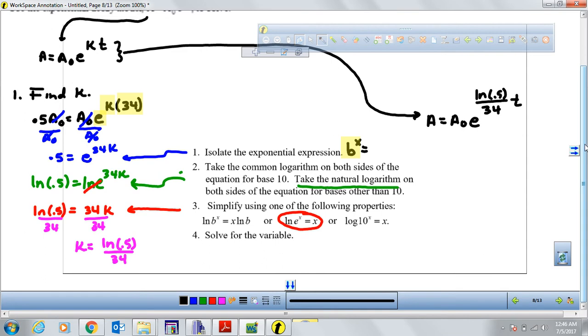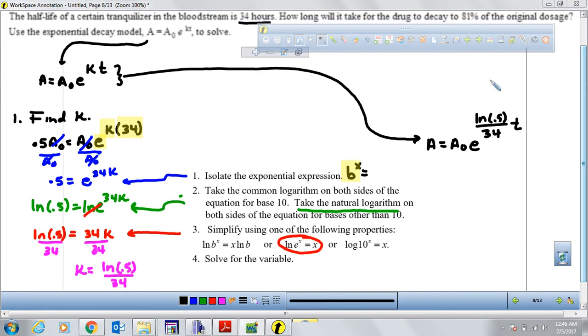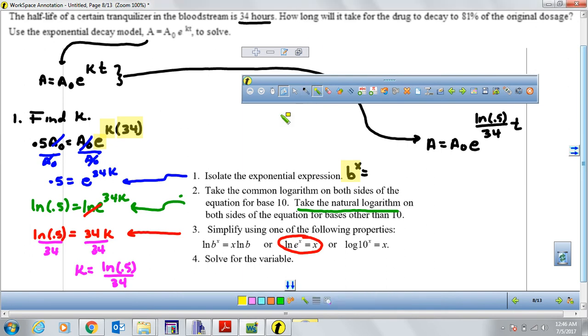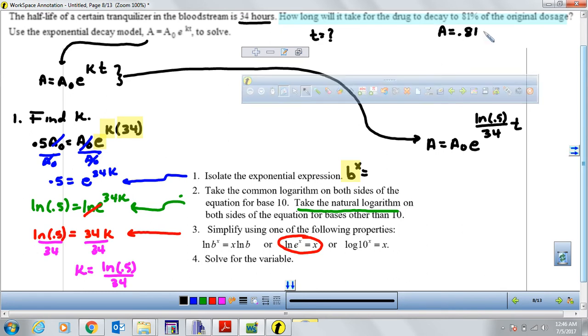Now let's go back to the problem on the top. What is the question? I'm going to highlight the sentence: how long will it take for the drug to decay to 81% of the original dosage? How long means we want to find the time t that it takes for the future amount of the drug to become 81%, which is 0.81 times the original dosage, A sub 0.